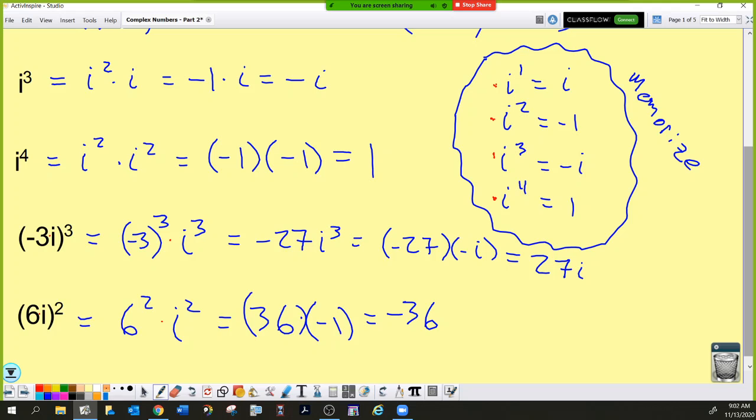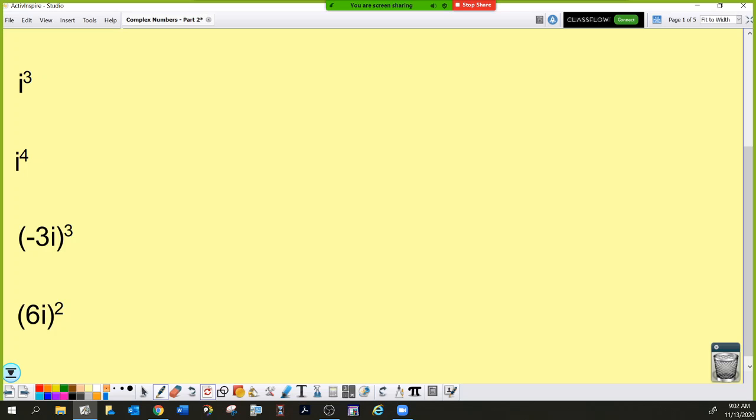You see, every multiple of 4, if you're talking about the exponents of i, equals 1. It makes life really easy. So if I said i to the 25th, the way I would view this is, can I divide 25 by 4?